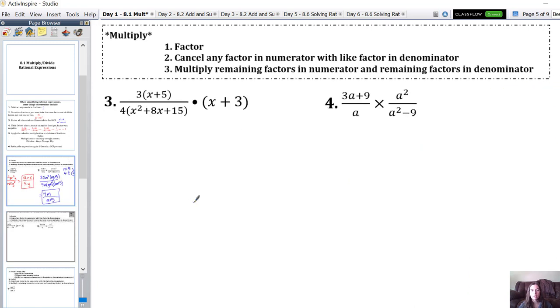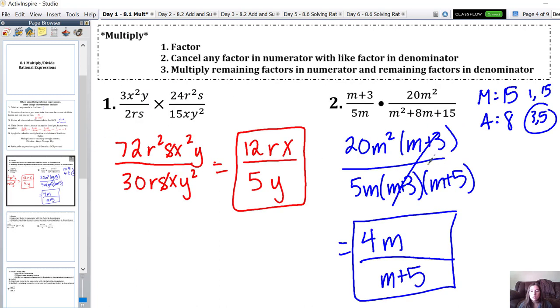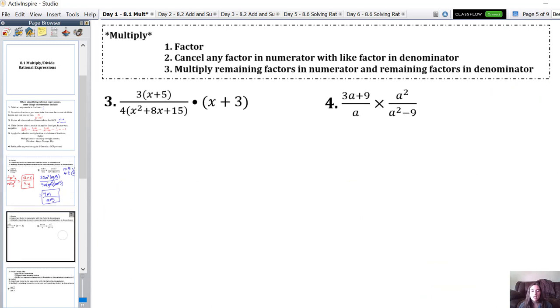Let's look at a couple more with multiplication. 3 times x plus 5 over 4 times x squared plus 8x plus 15 times x plus 3. The numerator here is already factored. The denominator is partially factored, so let's factor the rest of it. We just had that exact same trinomial, so I know I'm going to have x plus 3 and x plus 5 on the bottom. So I have 3 times x plus 5.